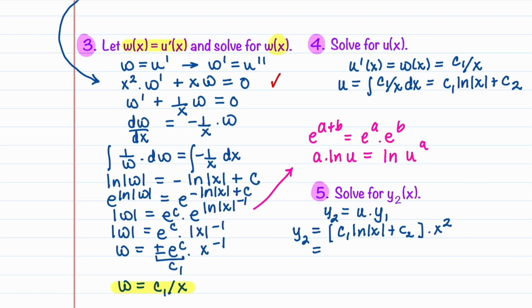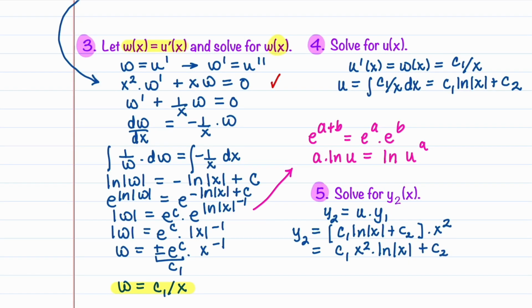So this is c1 x squared times natural log absolute x plus c2 times x squared. Now there's only one thing left to do. We need to figure out what we want to pick for c1 and c2. Notice that c2 x squared is just c2 times y1. We already have y1, so we don't need another multiple of y1. So we're going to choose c2 to be equal to 0.